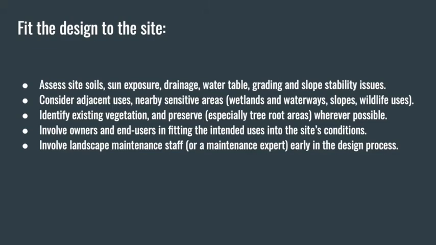Involve owners and end users in fitting the intended uses into the site's conditions, and involve landscape maintenance staff or maintenance experts early in the design process. Fitting the design to the site allows for native plants to adapt to the new habitat. This includes everything from above, and starting with the soil and designing for water conservation.